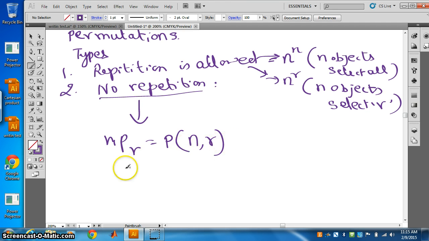Both this way or this way we can write it, which is equal to factorial n divided by factorial n minus r. This is the rule for the number of permutations when there is no repetition. And some examples.